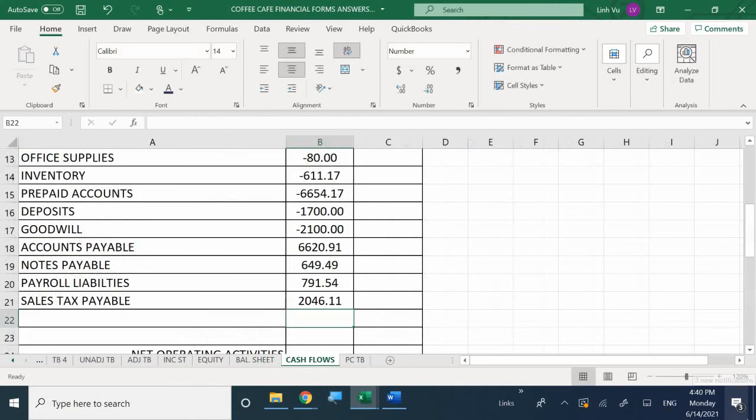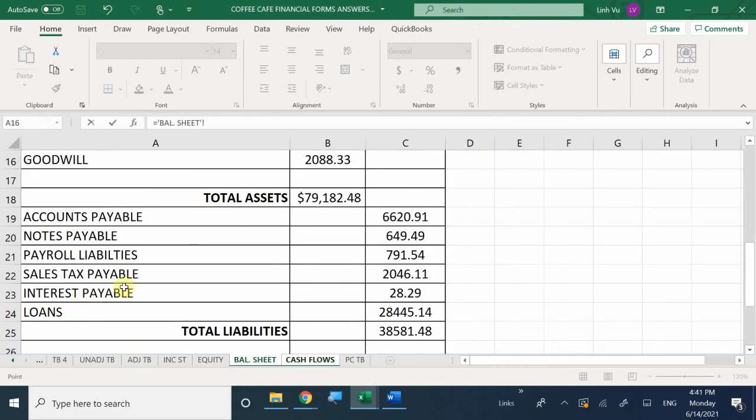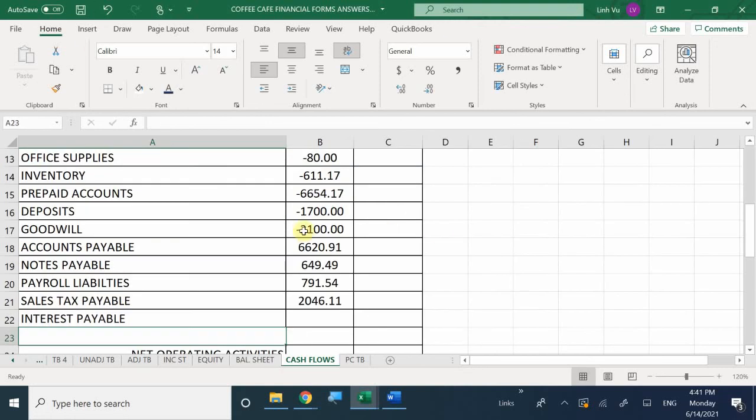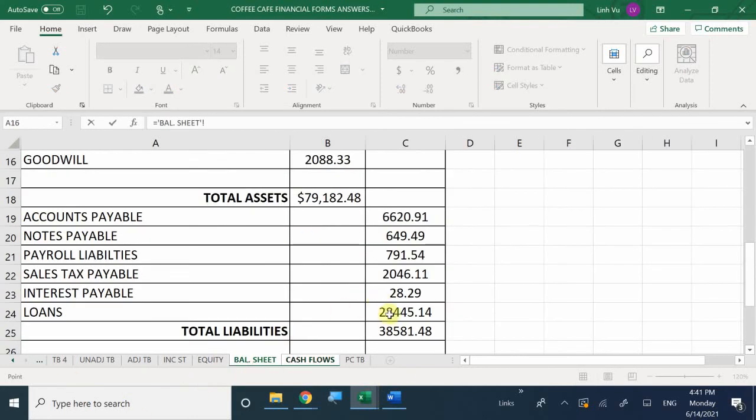And of course, last but not least, interest payable is something we didn't pay yet. It's a separate expense that we have to incur for borrowing money. So in this case, interest expense is something that we owe to either the loan or the credit card. So in this case, we never paid them. So we still have the $28.29.